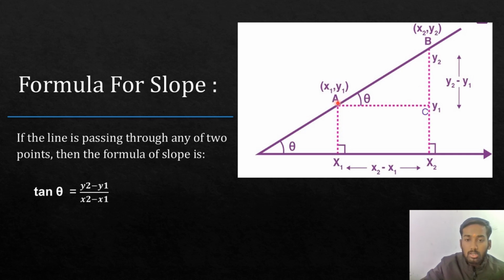Now we can find tan theta in triangle ABC. Tan theta is basically perpendicular upon base. The value of base is x2 minus x1, and the value of perpendicular is y2 minus y1. Thus by the formula we get tan theta is equal to y2 minus y1 upon x2 minus x1.